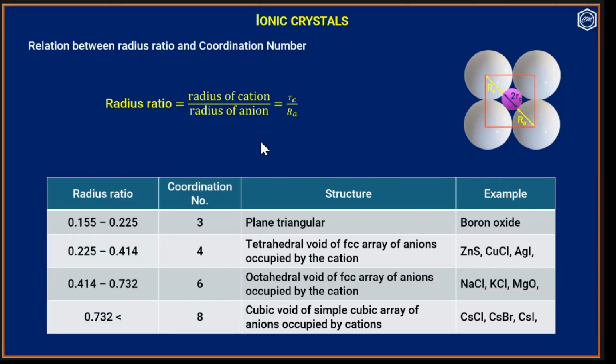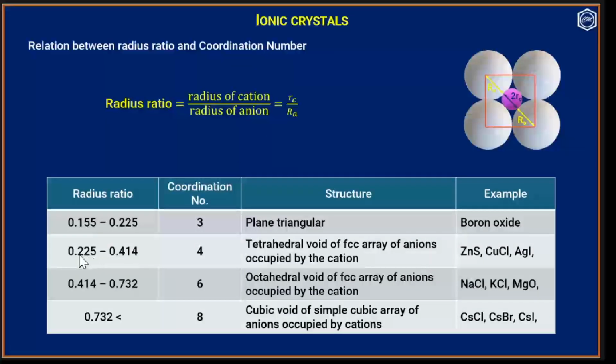This table gives the radius ratio and a probable structure. If this radius ratio RC by RA is between 0.155 and 0.225, the coordination number will be 3 and the structure will be planar triangular. An example is boron oxide.